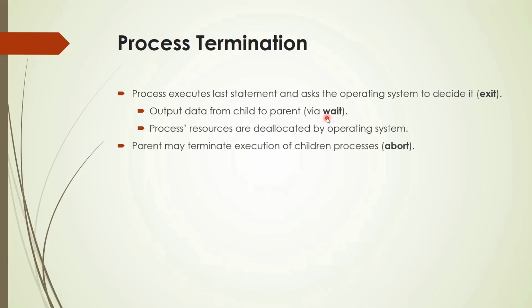The second way is that the parent process terminates all the child processes using the abort system call. So here the parent will be executing the abort system call to terminate all the children. Now why will the parent execute the abort system call? One reason could be that the child has exceeded the allocated resources.